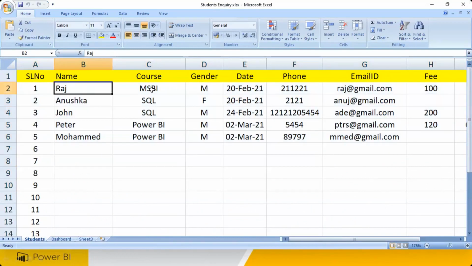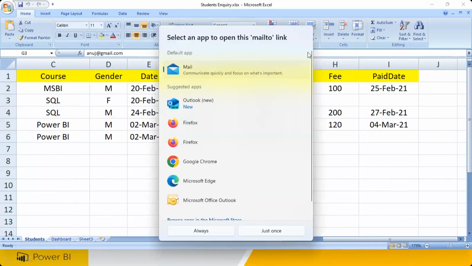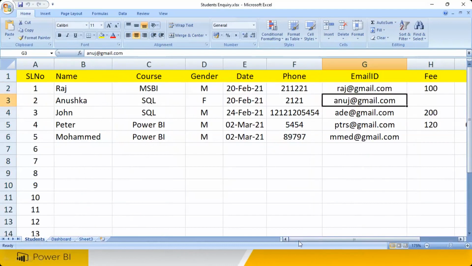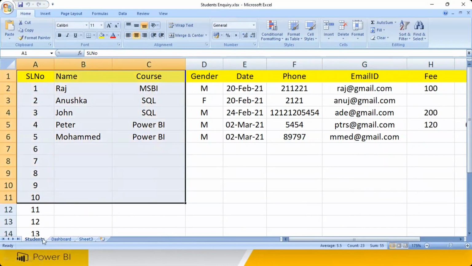Raj inquired for the MSBA course, with date of inquiry, phone number, email ID. And if he joined, so $100 he paid, and the paid date, like that. So this guy inquired, Anuj inquired, but this guy did not join the course. So Anushka and John, Peter, Muhammad, they have inquired. So all the data we are storing in the Excel sheet. This is the student's data.